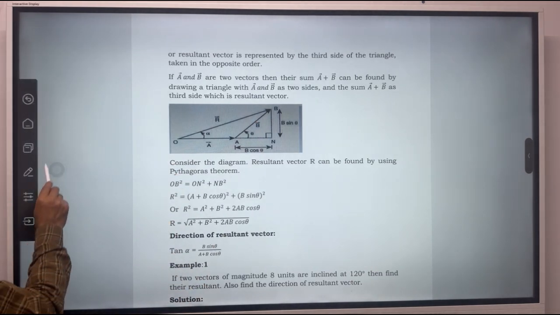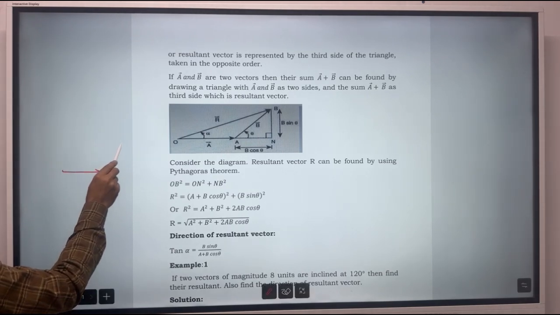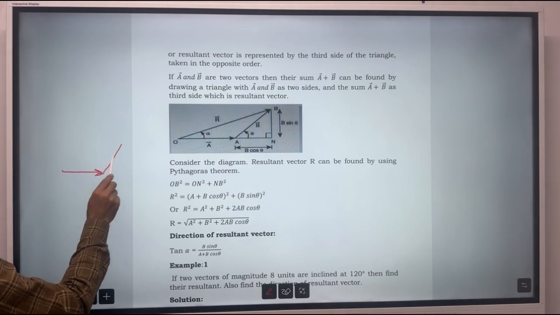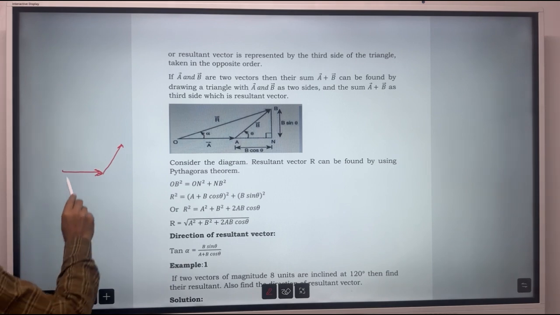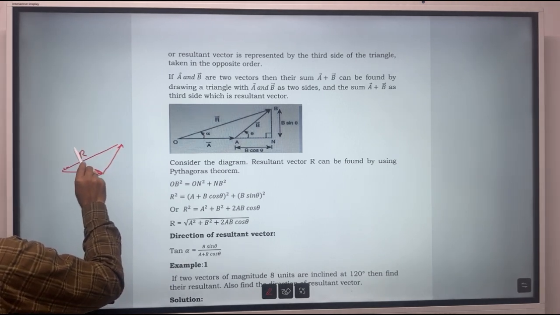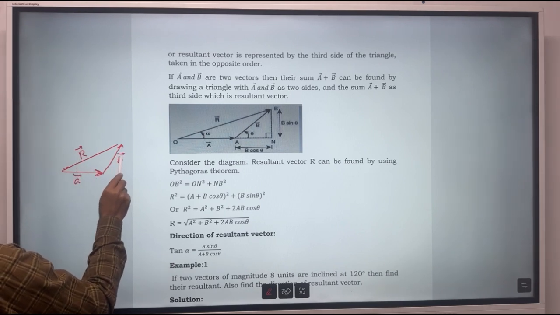So let's see how. Suppose this is one vector and another vector is like this. Here it is terminating, another vector is starting from here. So the resultant of these two vectors, suppose it is vector R.